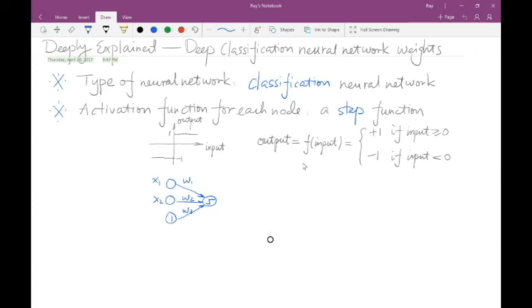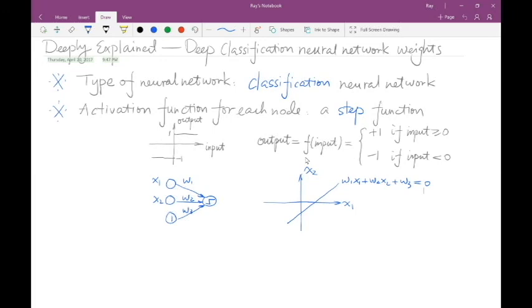For these two inequalities, an important equation shows up. It is w1x1 plus w2x2 plus w3 equals 0. In x1, x2 space, this equation is a line. I draw it here. Now let's look back at the two inequalities.